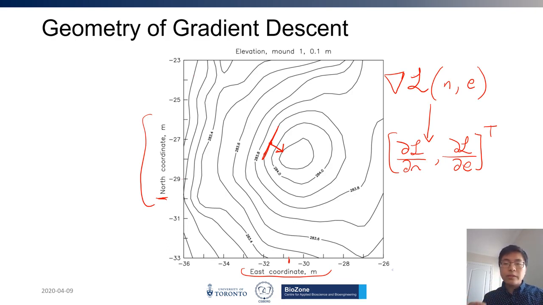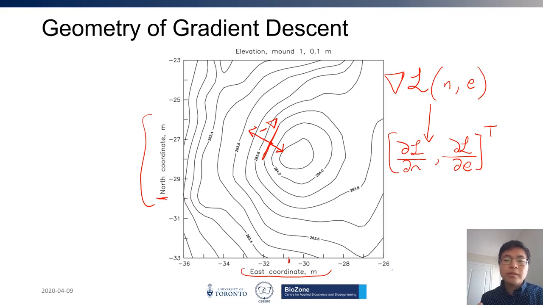Intuitively, if you go 90 degrees to that direction, you're going in the direction of steepest change, in this case steepest increase. Then the negative gradient will go in the direction of steepest decrease. So if you want to find a maximum, you would go in the direction of the positive gradient. In this case here, that's the negative of the gradient.